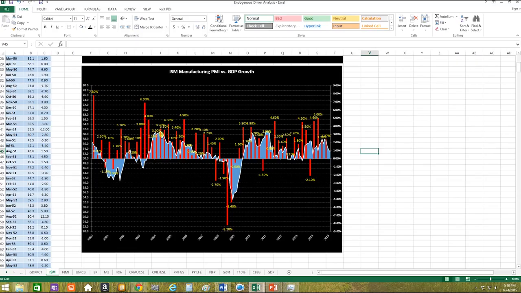And you'll see here, let's start in the last business cycle, where we can see the ISM from 2003 onwards really growing aggressively. What was happening then? This was post September the 11th, 2001.